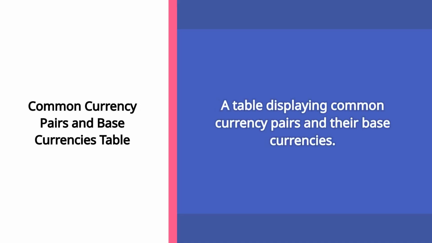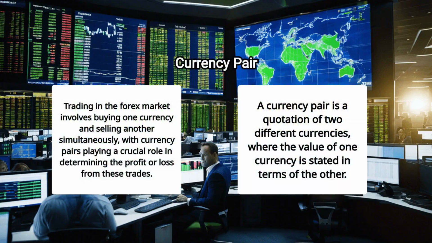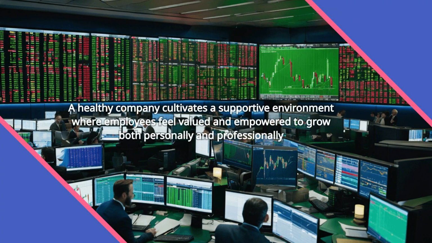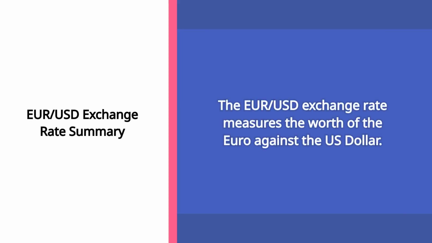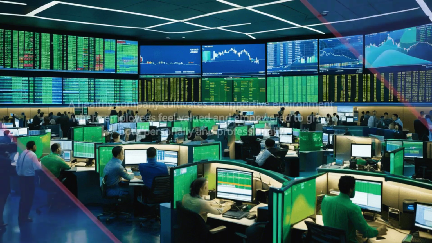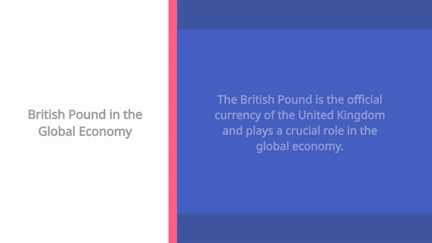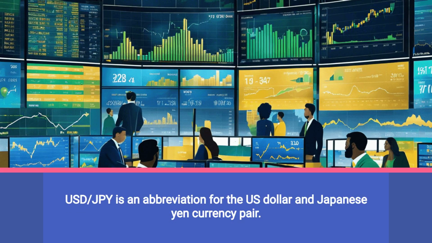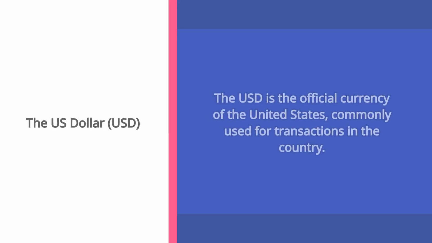Here is a table with some common currency pairs and their base currencies. Currency pair, base currency, ISO 4217 code. EUR USD, Euro, EUR. GBP USD, British pound, GBP. USD JPY, US dollar, USD.